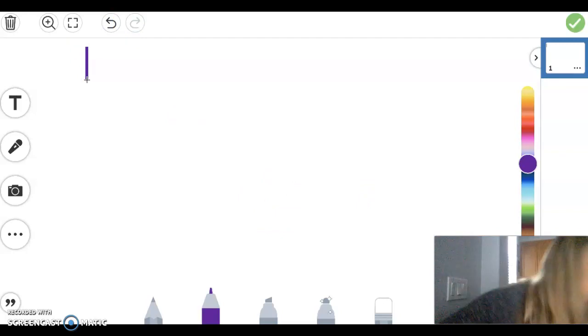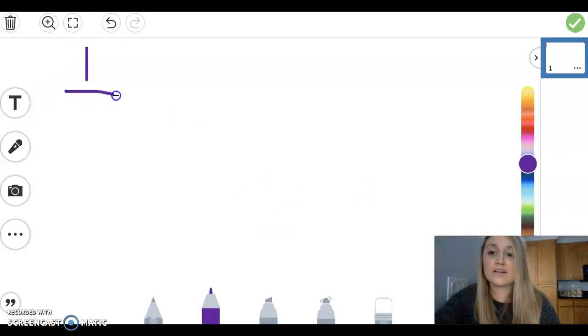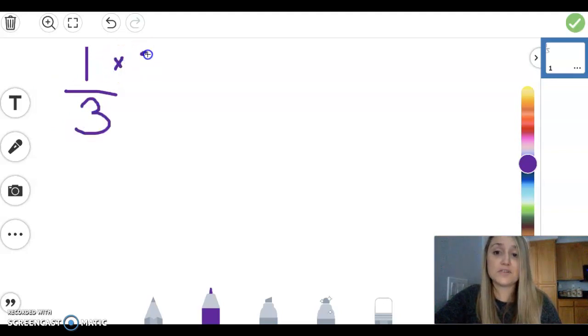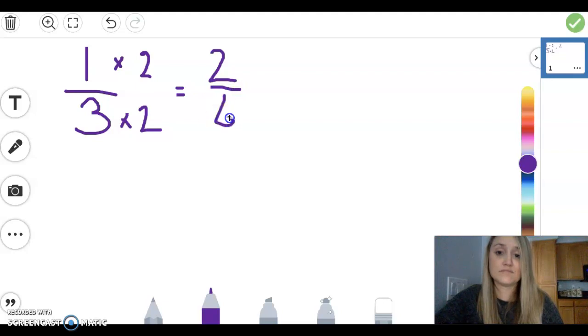So number 1, for instance, has 1/3, and it asks for equivalent fractions. So you could do 2/6. Also, if I multiplied 1 times 3, I could get 3. But then again, remember, whatever you do on the top, you must do on the bottom.